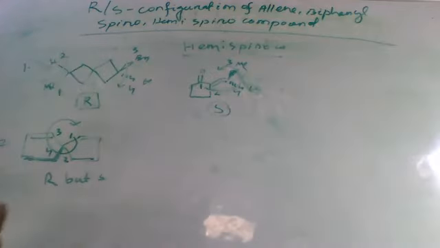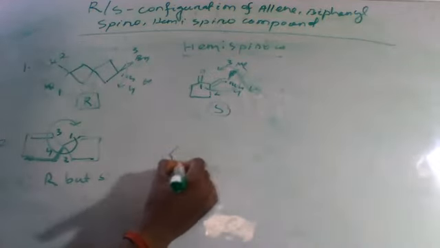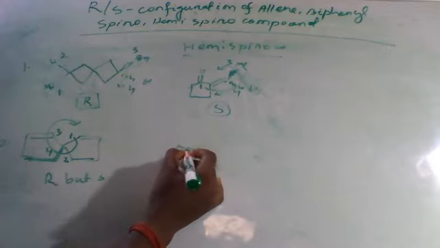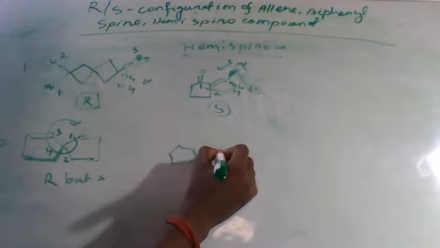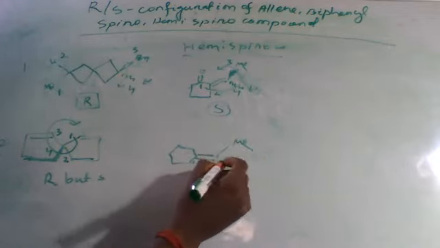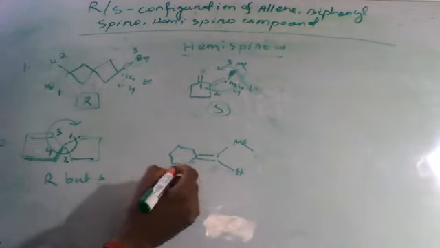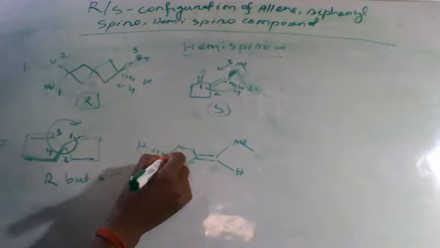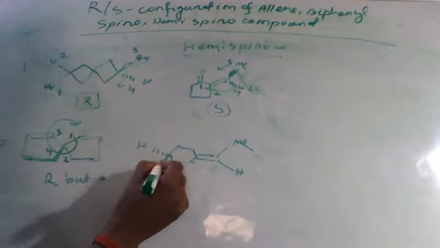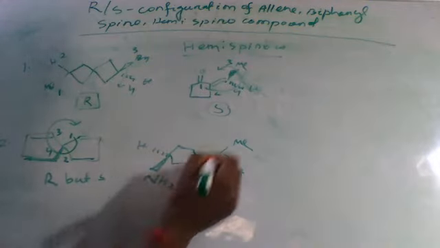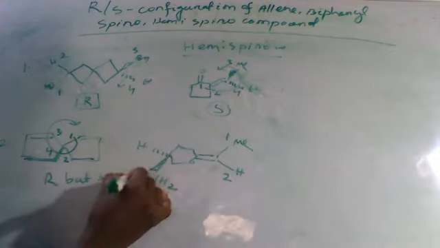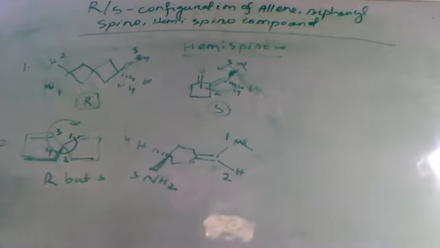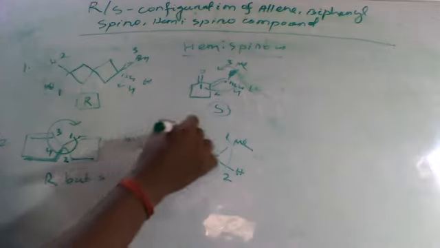Again we'll see another example. This is methyl, this is hydrogen, and this is NH2, 1, 2, 3, 4, and this is R configuration.